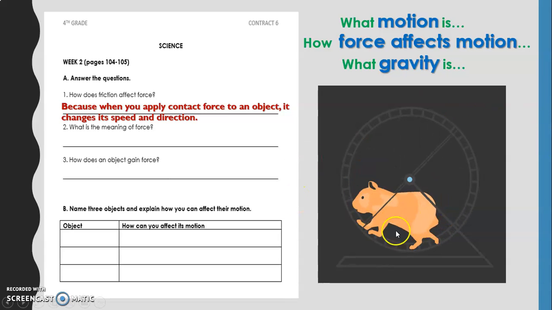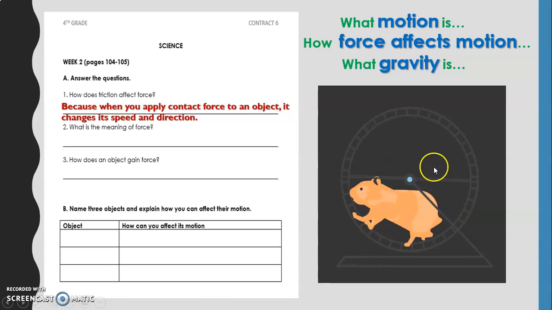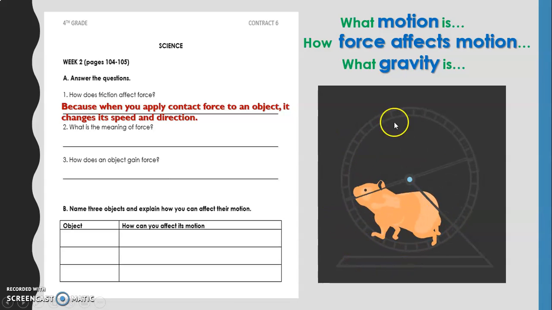Let's suppose it were not spinning around in circles in this steady object. This has a surface, and the surface has a certain texture. And this is preventing the animal from going faster.